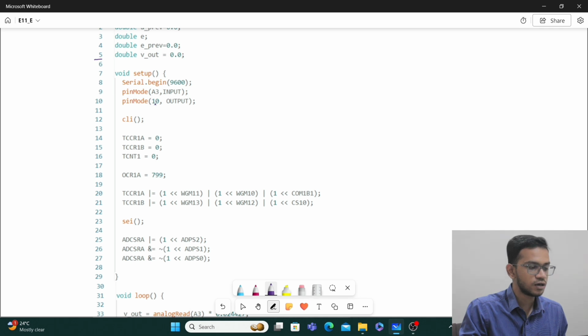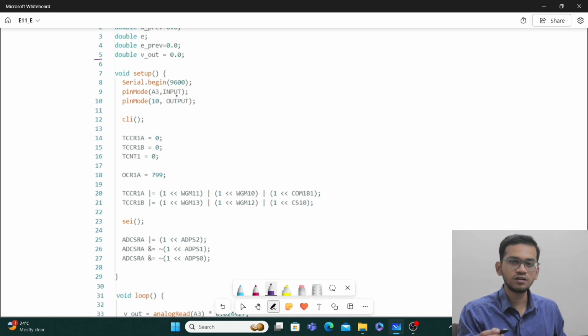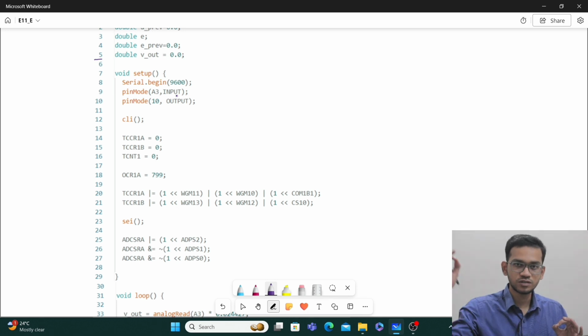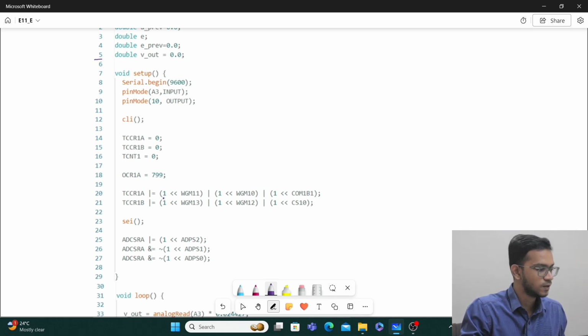And pinMode 10 is the output pin. Interestingly, Arduino has just one input, which is the output voltage from the converter, and it gives just one output, which is the PWM. On system level, that's all it does: one analog input and one digital PWM output.